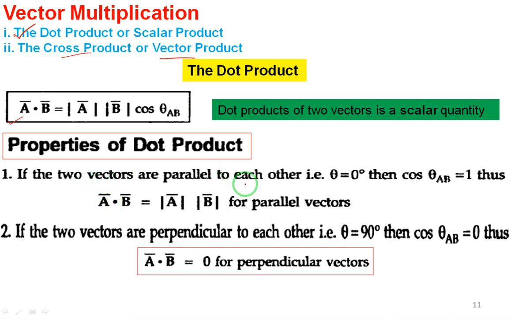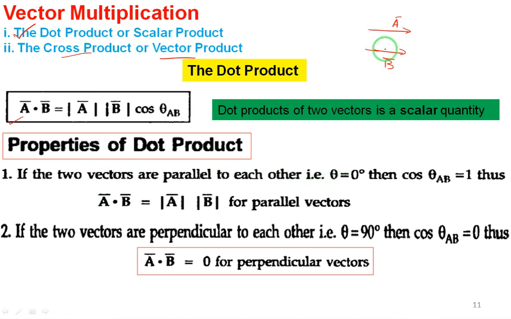Suppose the two vectors, vector A and vector B, are parallel to each other. Just take a railway track, the two tracks are parallel to each other. Then what is the angle between the two vectors?